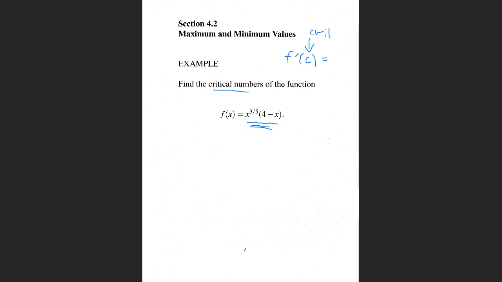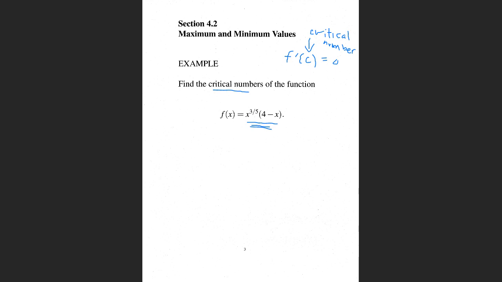if C is a critical number, that's right, Ian, that's right, Matsua. If C is a critical number, then f prime of C equals 0.